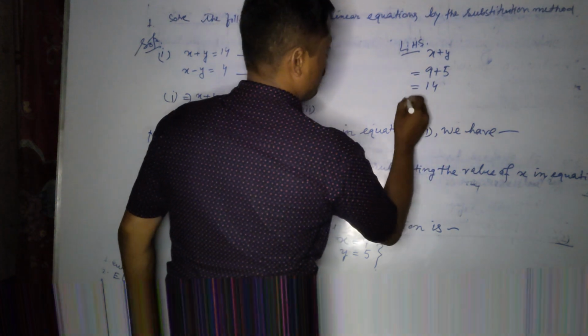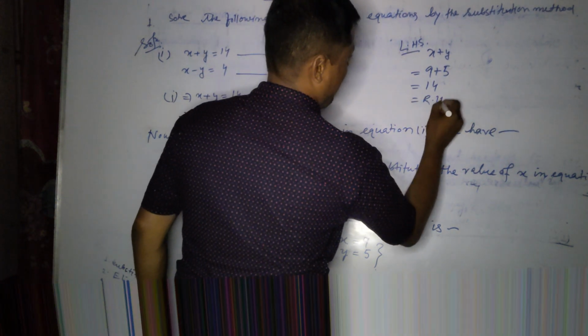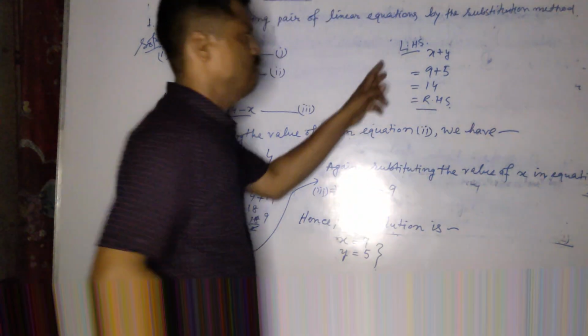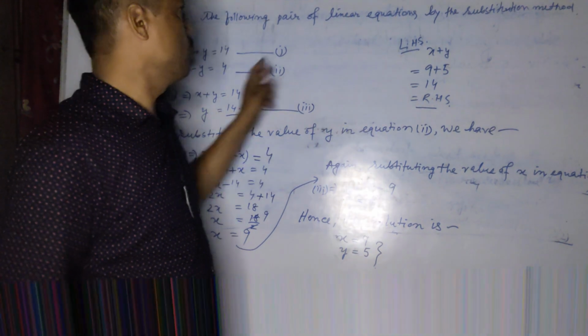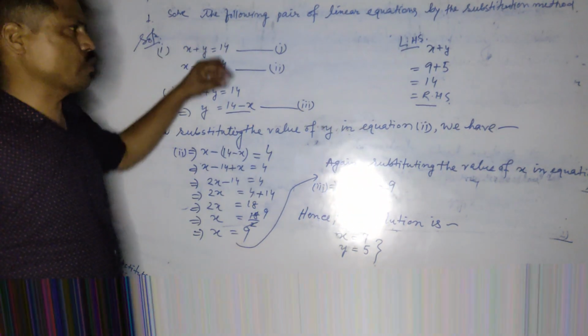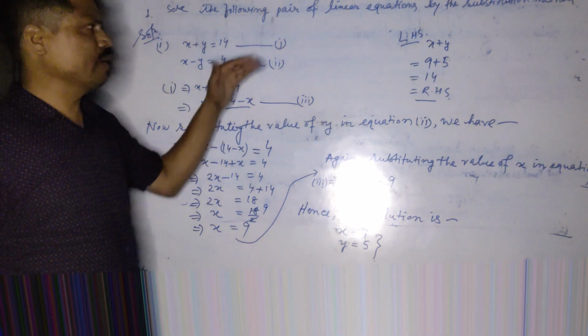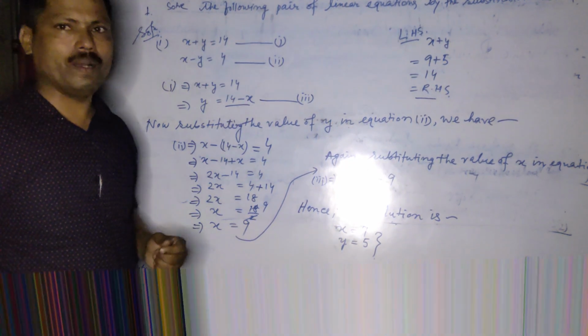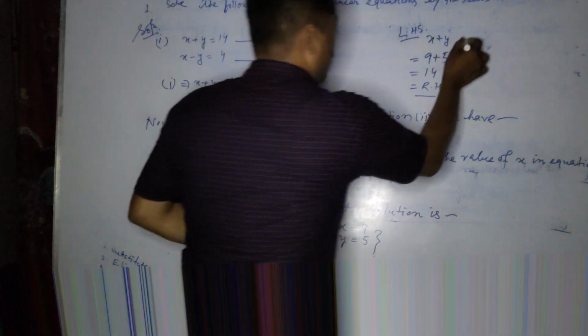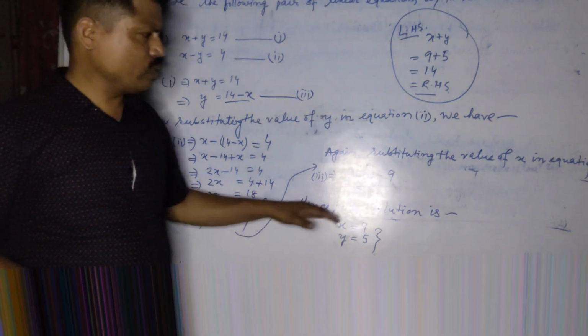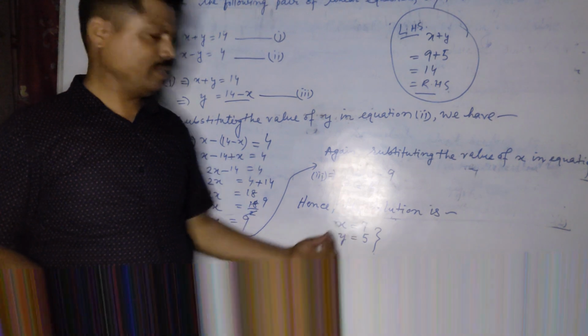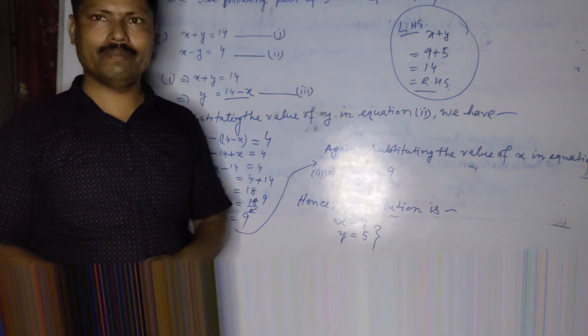That means this is the right hand side. So left hand side is equal to right hand side. We have proved this from one equation, and from two also you can prove this. In a similar way you will get the same value of x and y. So our sum is correct. Hence the solution is x equal 9 and y is equal to 5.